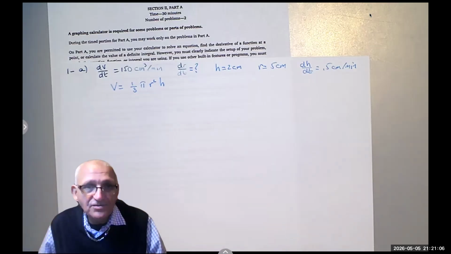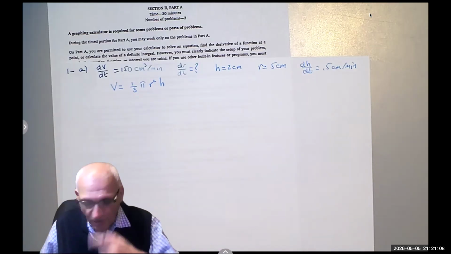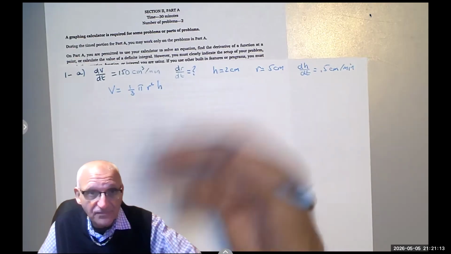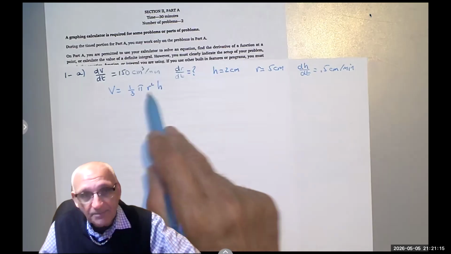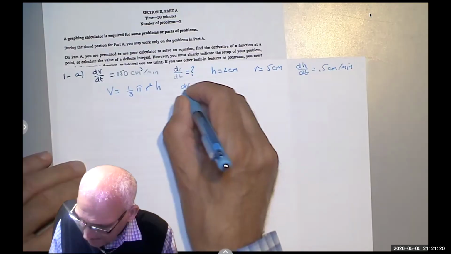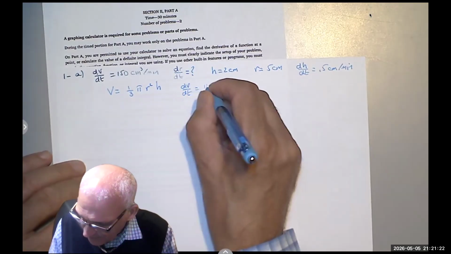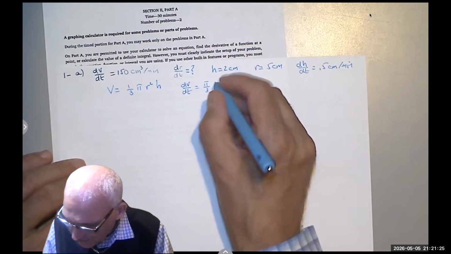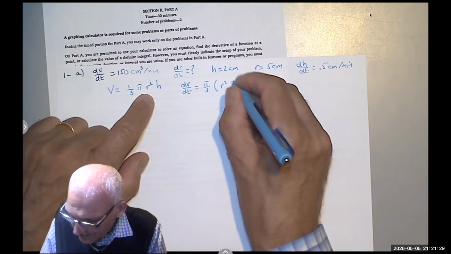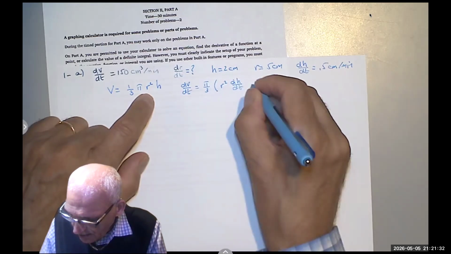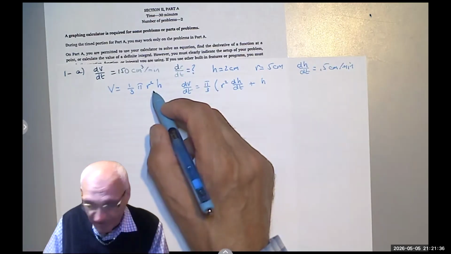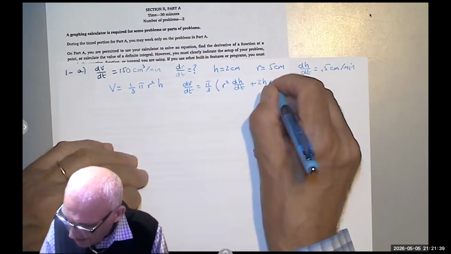Now you take the derivative of both sides with respect to time, noticing that both r and h this time change, so they are functions of time, and they are multiplied, so we have to apply the product rule. So dV/dt equals pi over 3, which is a constant, so I can factor it out, and then say the first times the derivative of the second plus the second times the derivative of the first. r squared, its derivative is 2r dr/dt.